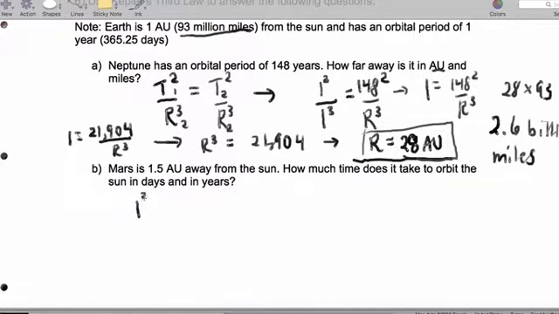So 1 squared divided by 1 cubed equals T2 squared over 1.5 cubed. When we isolate T squared, we get that it's equal to 1.5 cubed.